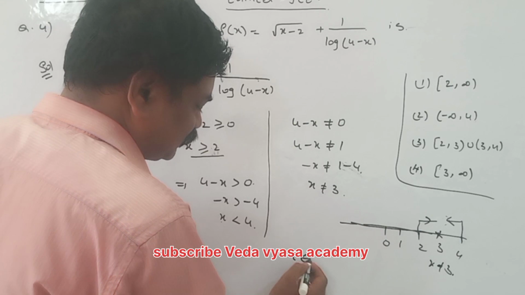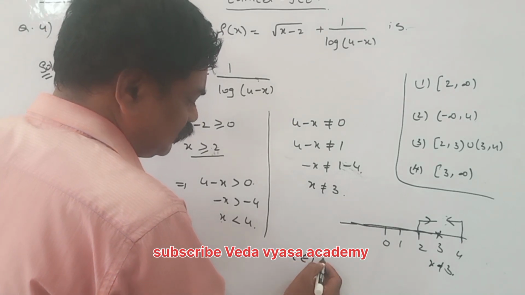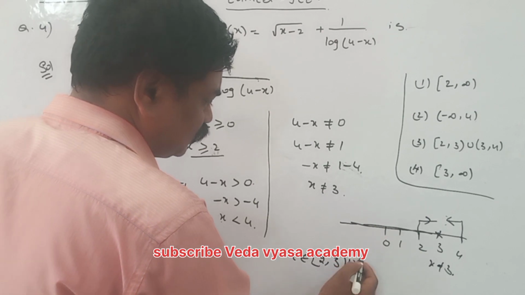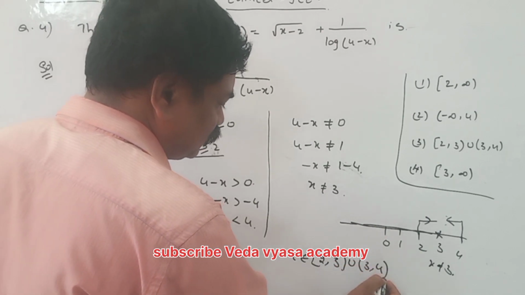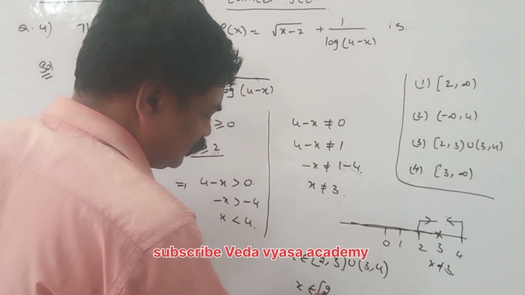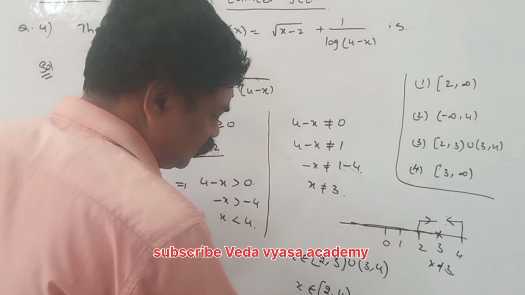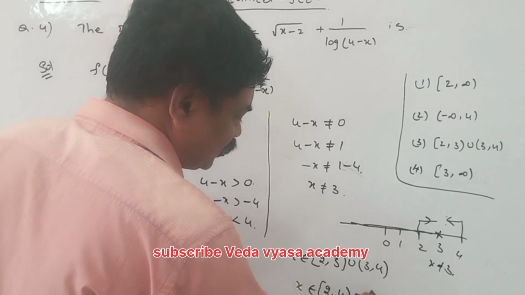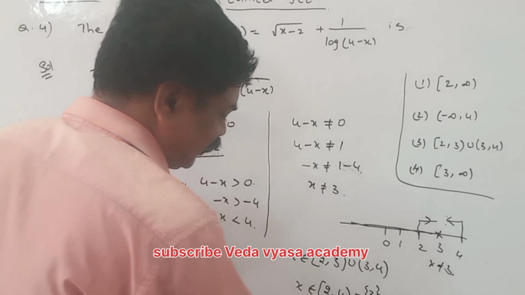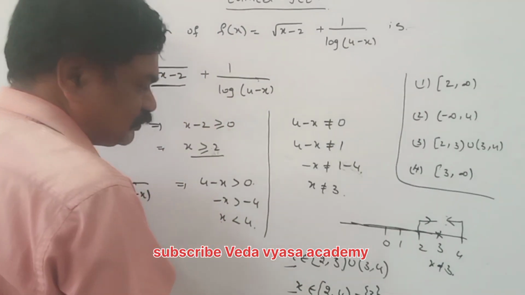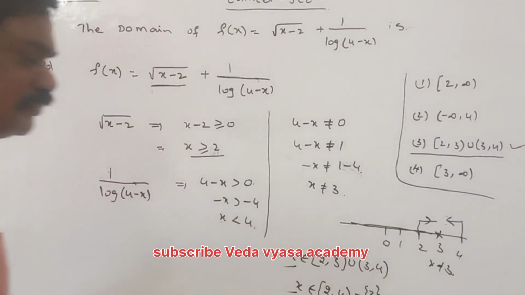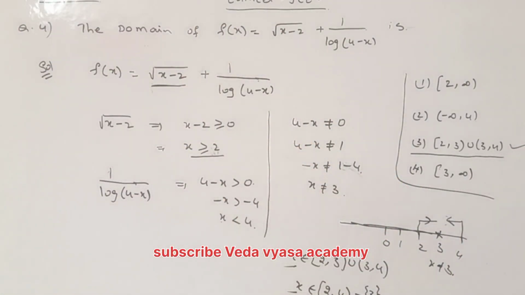So x belongs to the closed-open interval 2 to 3 union open interval 3 to 4, or equivalently, the interval 2 to 4 open minus the value 3. Both are correct. So option 3 is the answer.